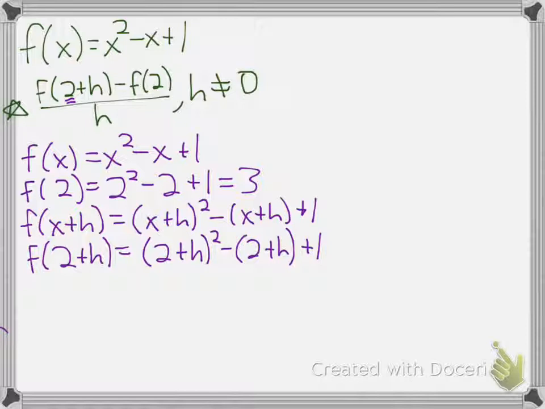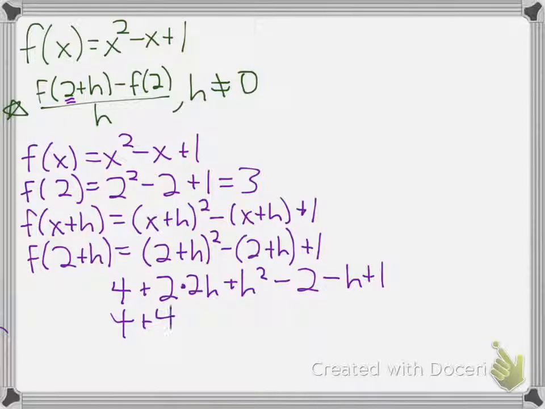If I know my squaring a sum, it's going to be the square of the first, that's 4, plus 2 times 2 and h, so that's 2 times 2h, plus the last term squared, minus 2 minus h plus 1. So what we're left with here is a rather long term, which we could actually simplify a little bit, because I have 4 minus 2 plus 1.